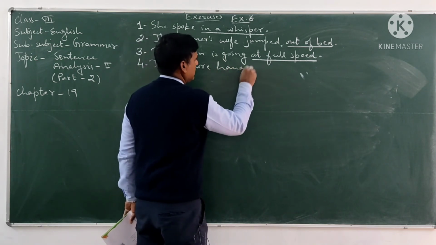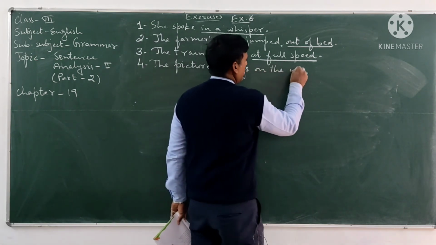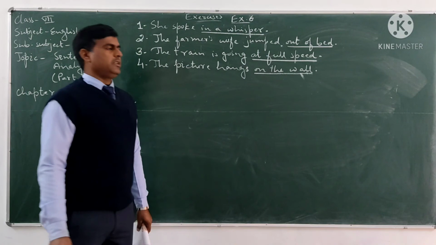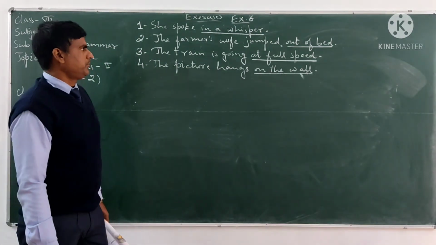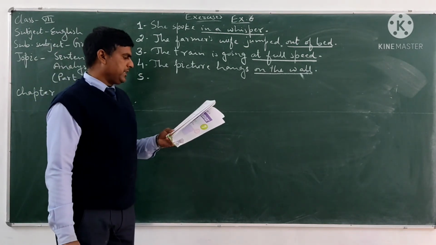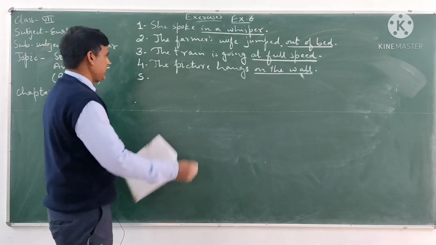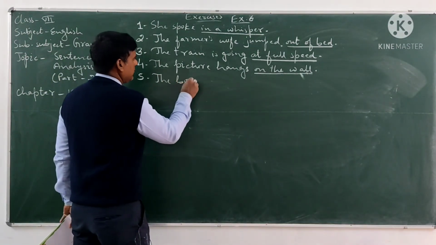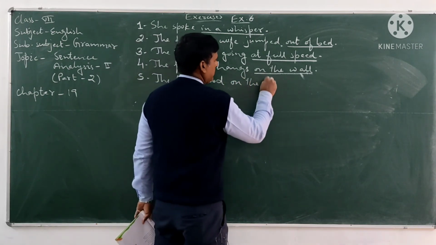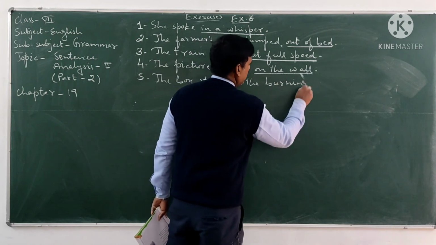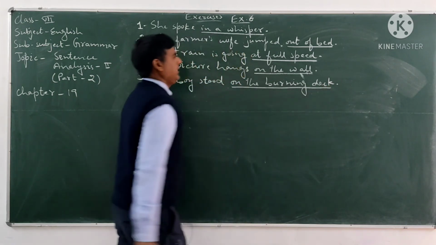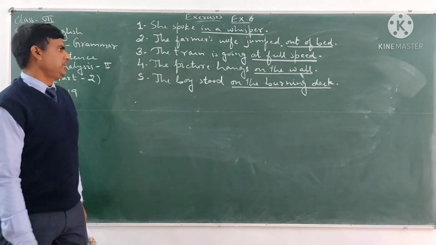In this sentence, on the wall is the extension of predicate. Now see sentence number 5. Sentence number 5 is the boy stood on the burning deck. In this sentence, on the burning deck is the extension of predicate.